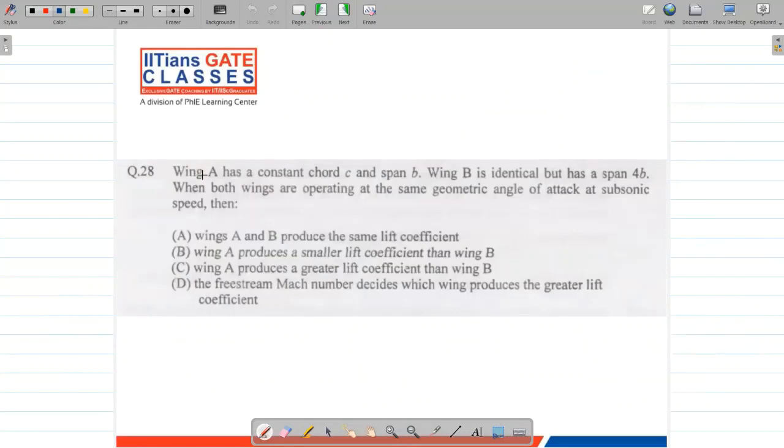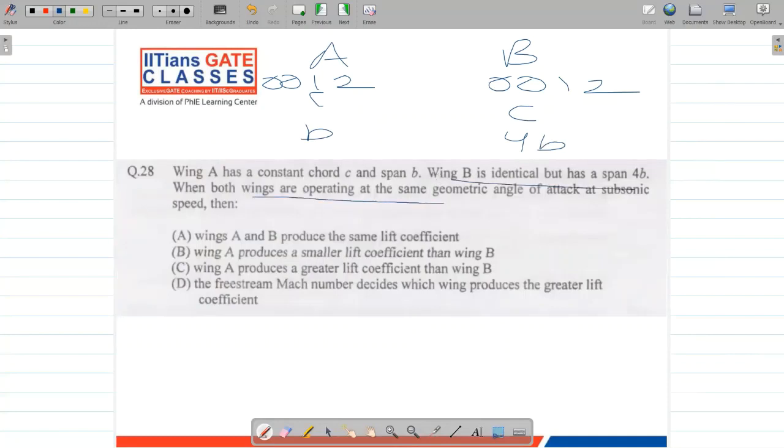In this question, wing A has constant chord C and span B. And wing B is identical, meaning that if this is an airfoil 0012, this is also 0012, and this has chord C but span 4B.